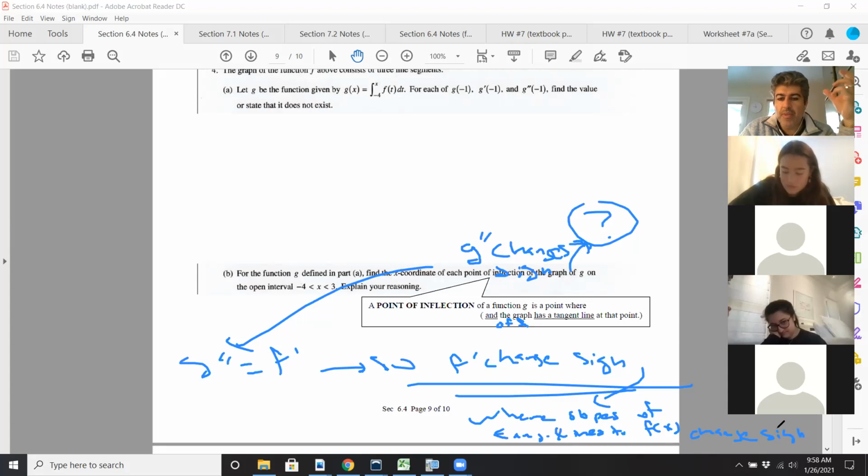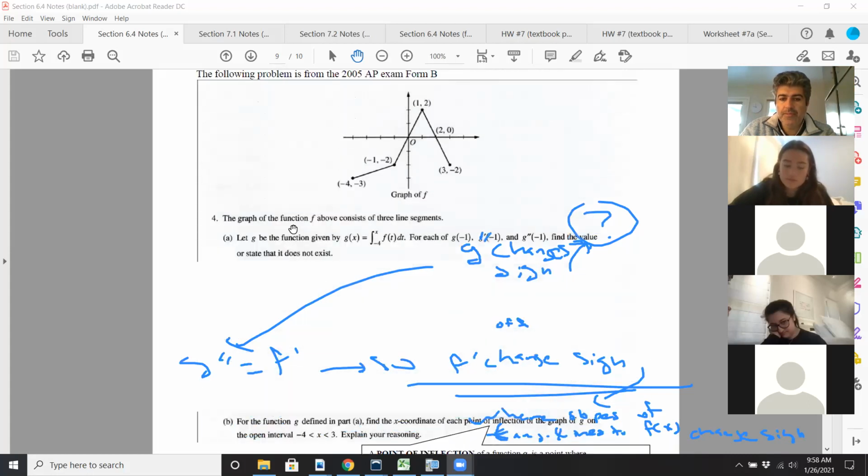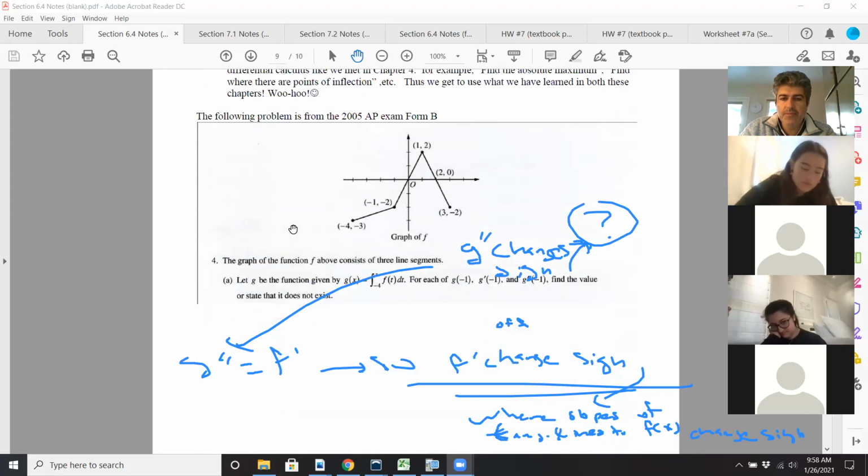So you have to see where the slopes of the tangent lines of f of x change sign. Well, we have the graph of f. Let's scroll up. Okay.